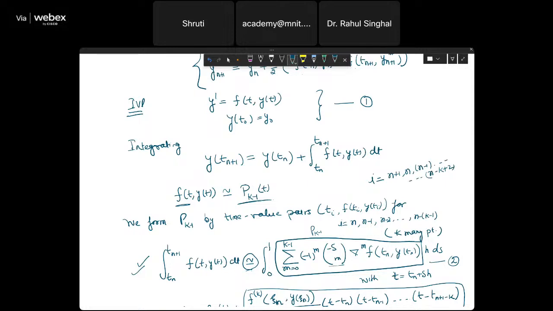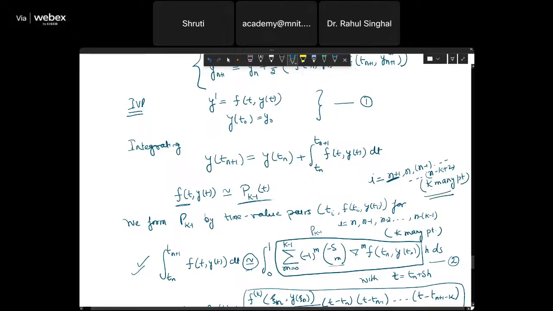So this interpolation point t n plus 1, f t n plus 1, y t n plus 1 is added, but in total again we are using k interpolating points.